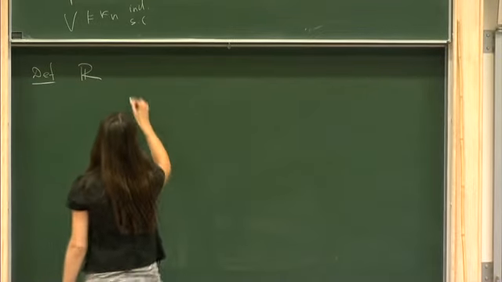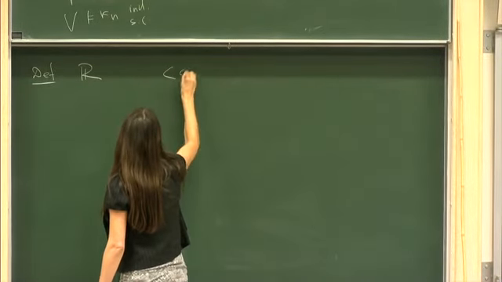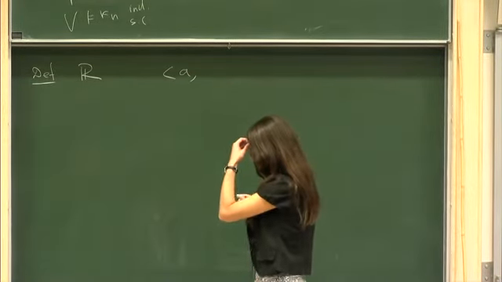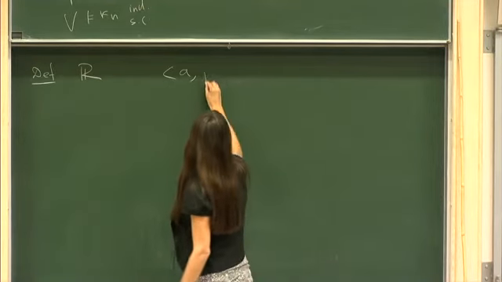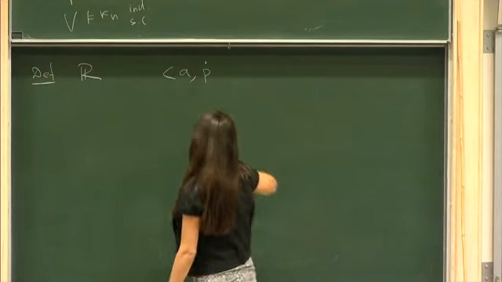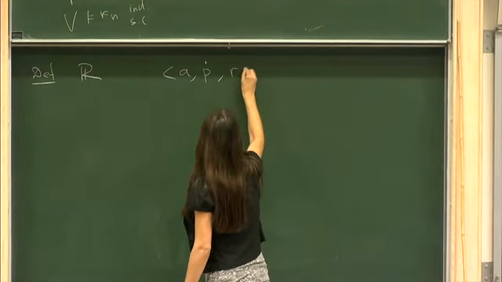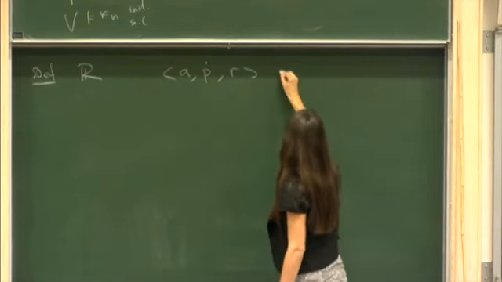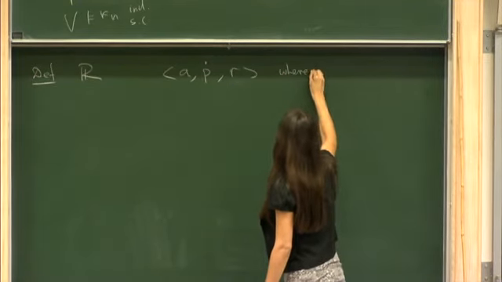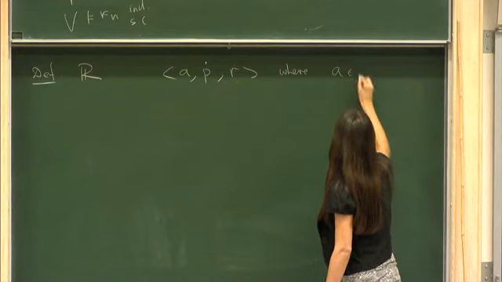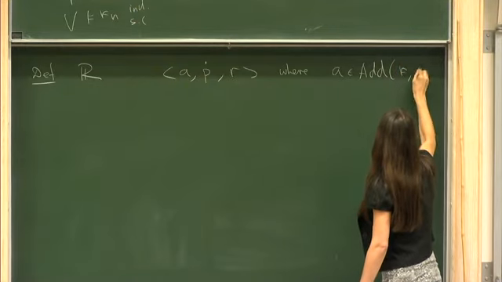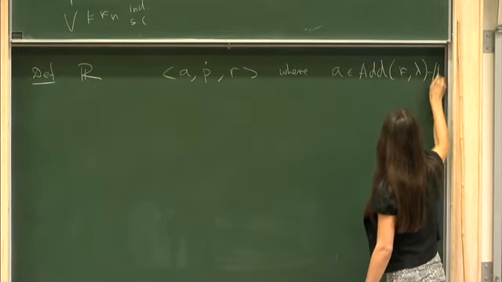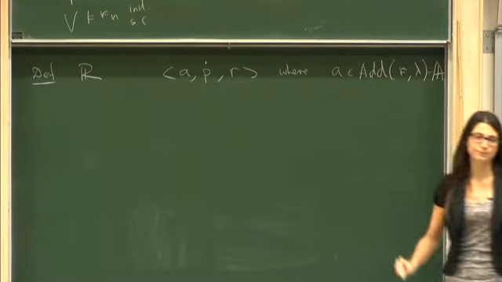So conditions are of the form A, P dot, R, where A is easy. A is in Add(kappa, lambda), which let me call this poset just A.